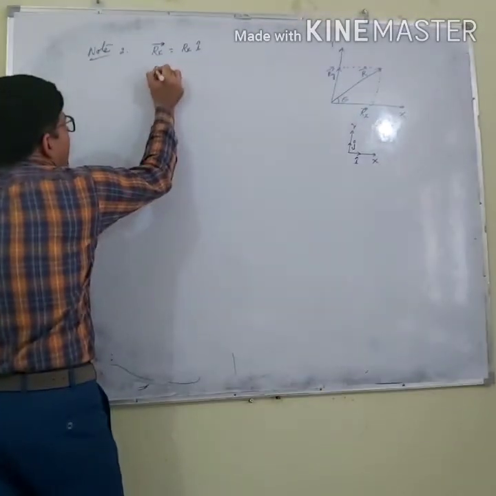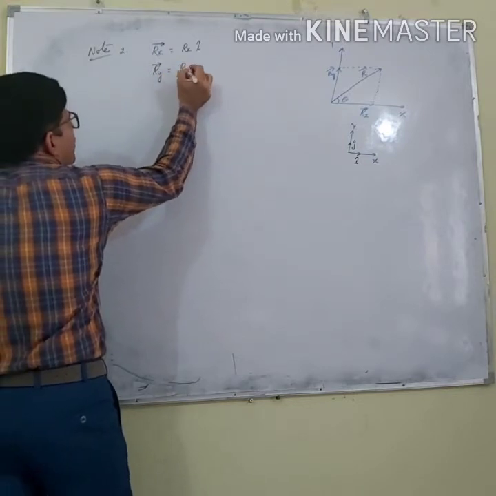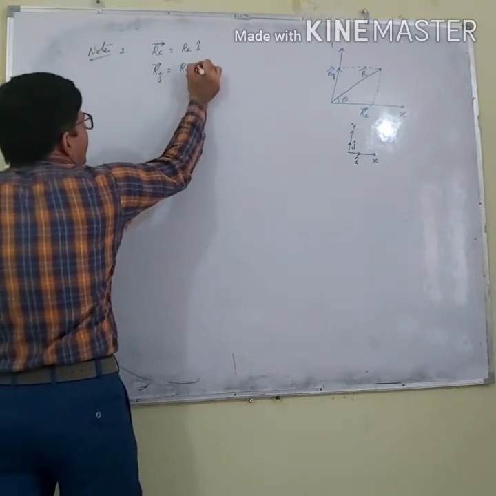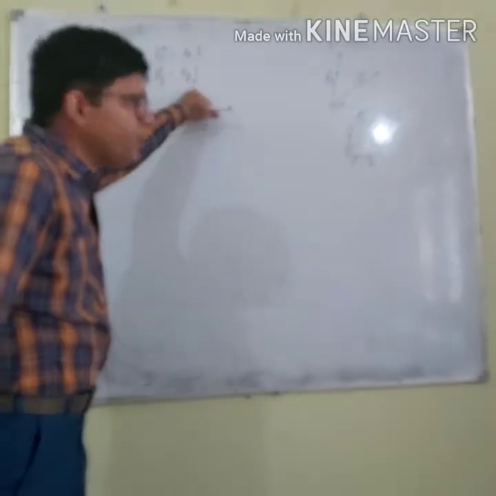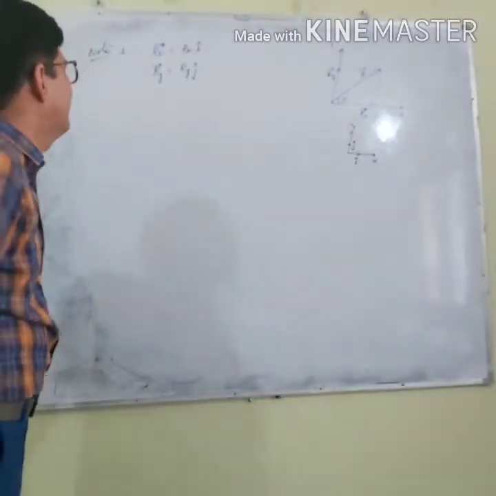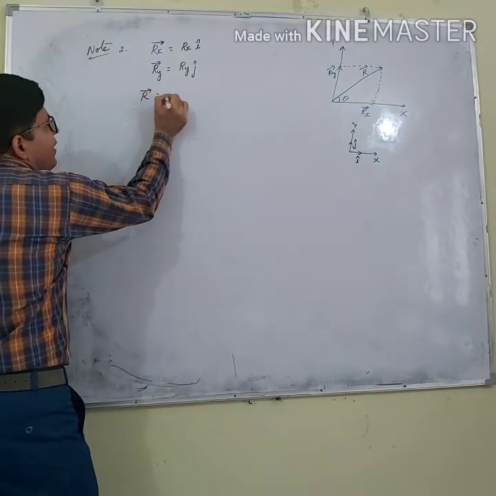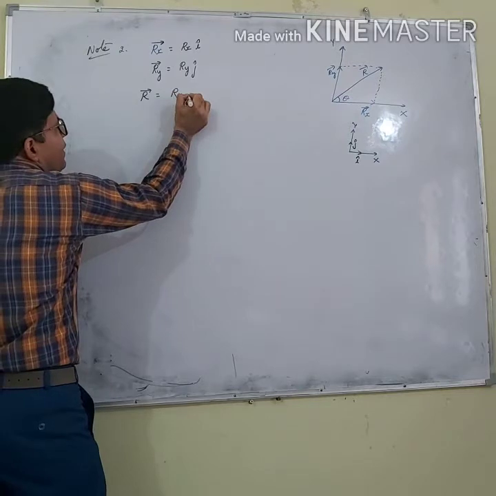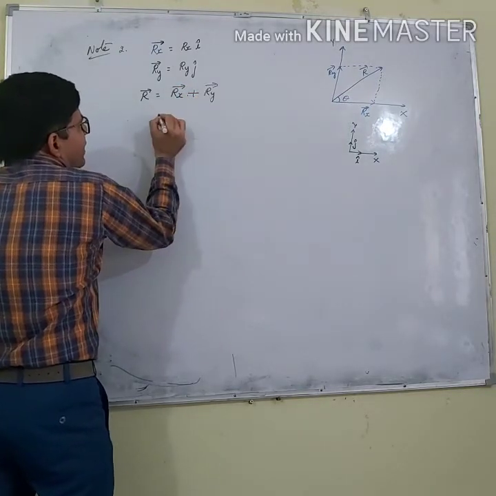Now Ry, this is magnitude of Ry, and what is the direction? Direction is y-axis, and y-axis is represented by j cap. So R was equal to Rx vector plus Ry vector.